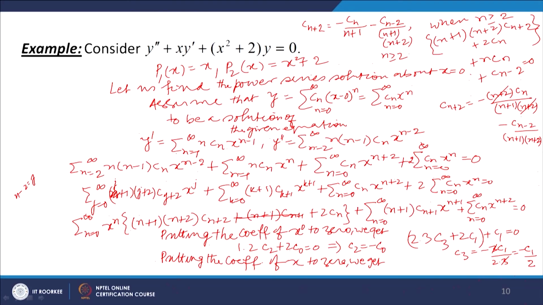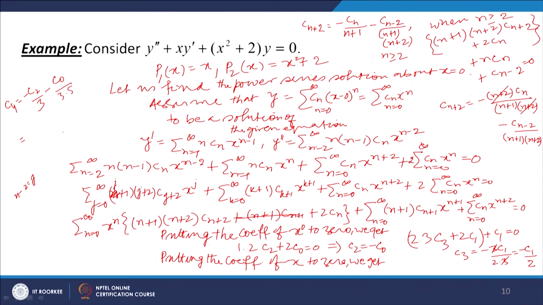When you take n equal to 2, you get the value of C4. C4 will be coming out to be minus C2 divided by 3 when we put n equal to 2, and then minus C0 divided by 3 into 5. Now we have the value of C2 with us.